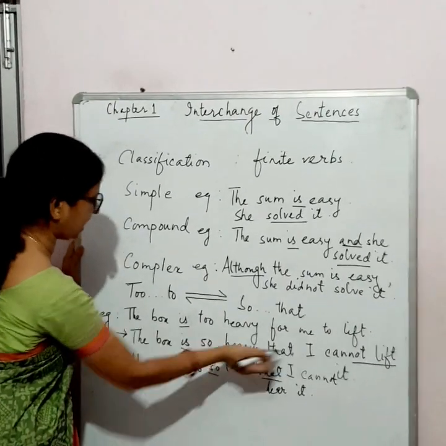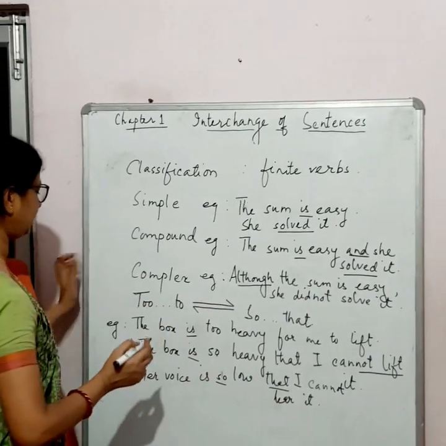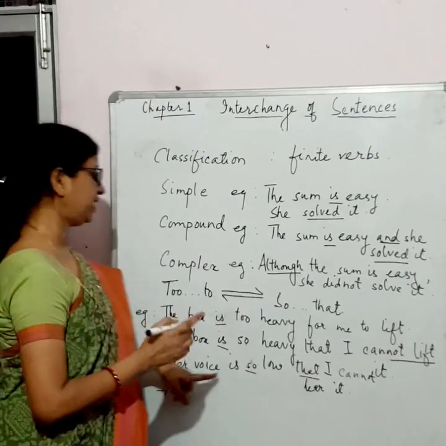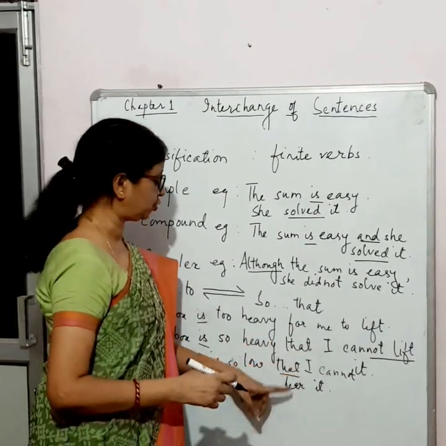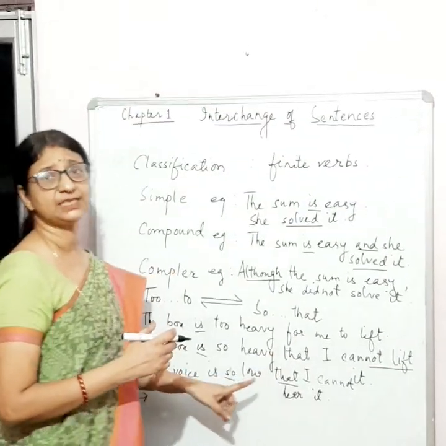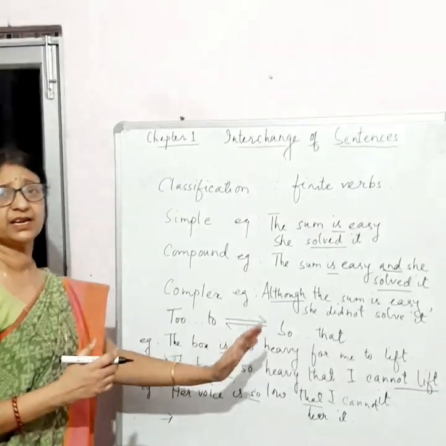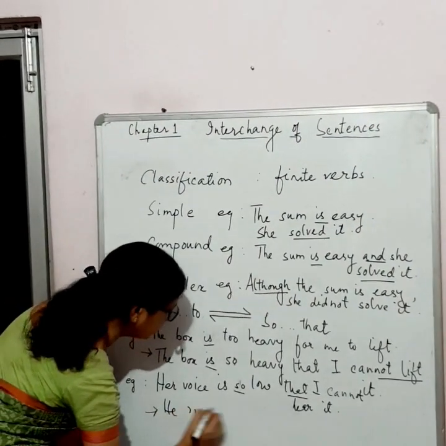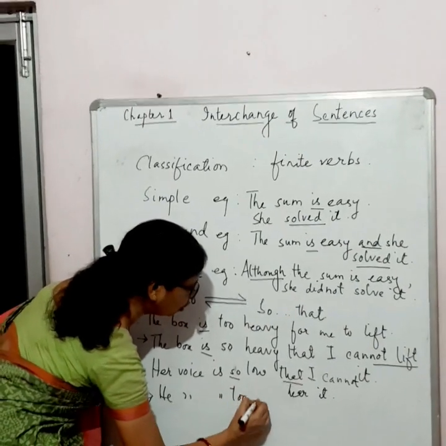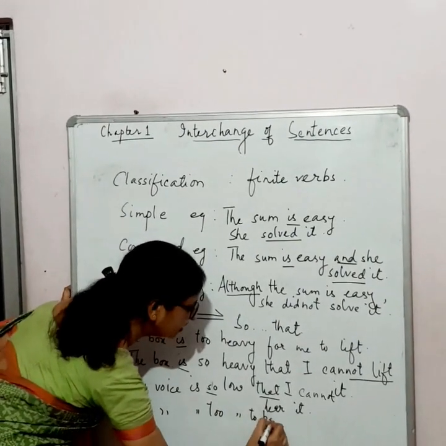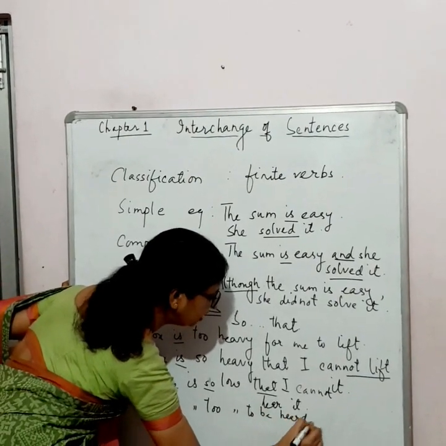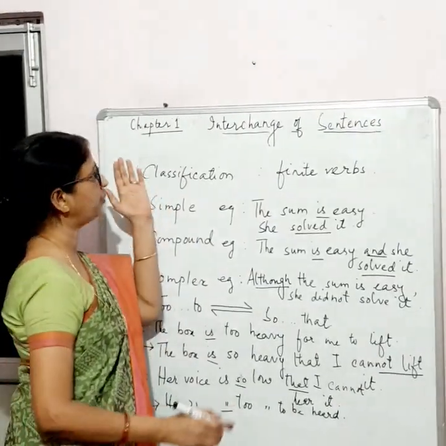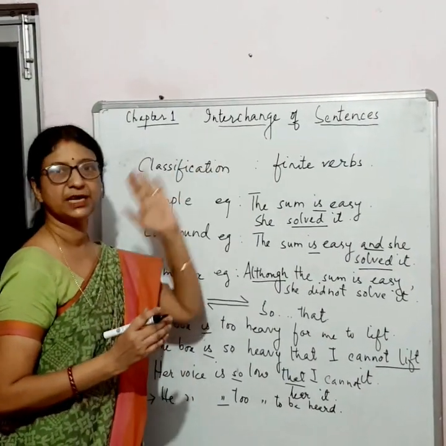So heavy that. So low that. We can change it to a simple sentence by writing, her voice is too low to be heard. So what is the finite verb? First let me write it down. Her voice is too low to be heard. Here you find only one finite verb. So this is also one kind of transformation of sentences.